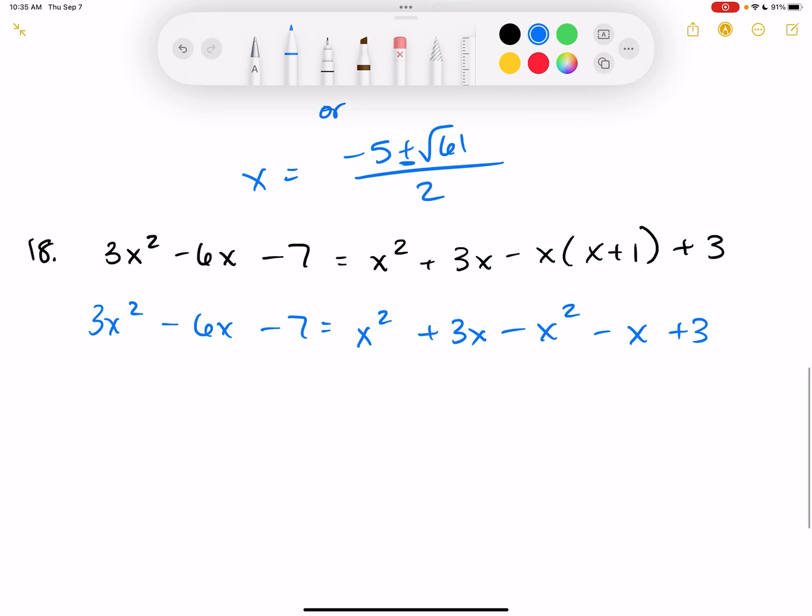Combine like terms: 3x squared minus 6x minus 7 equals, the x squareds are going away, 2x plus 3.